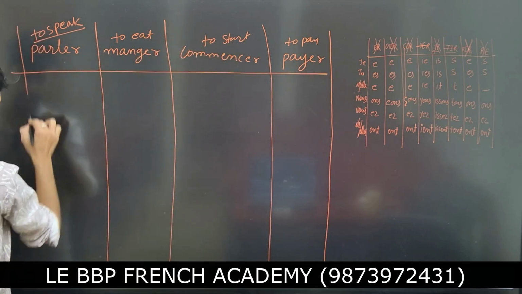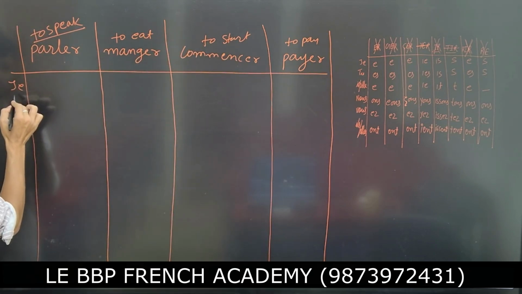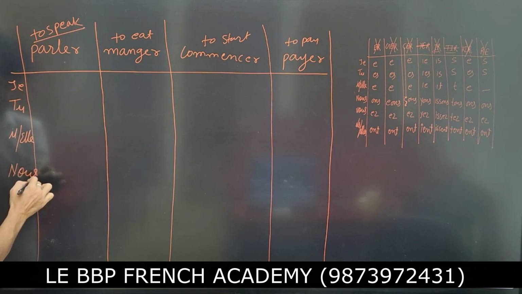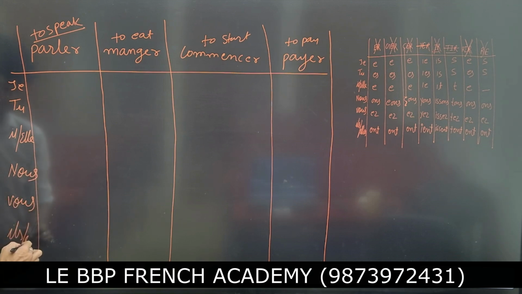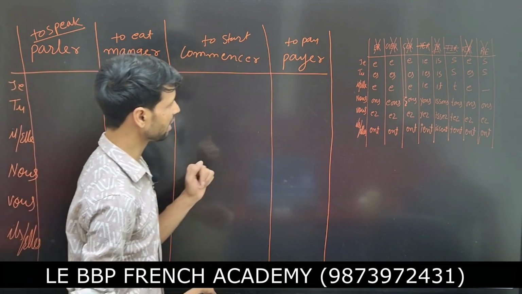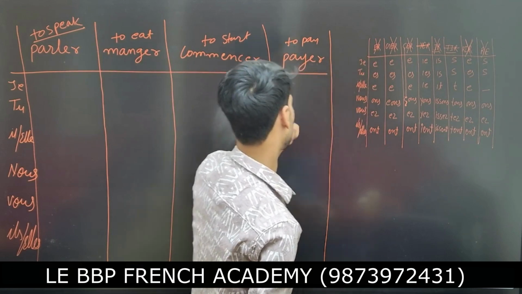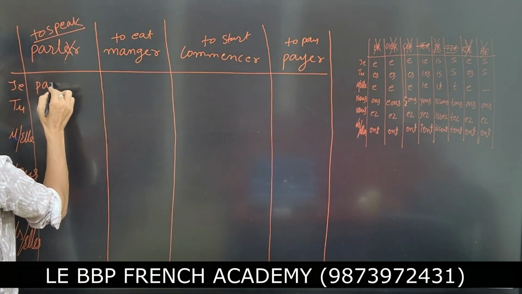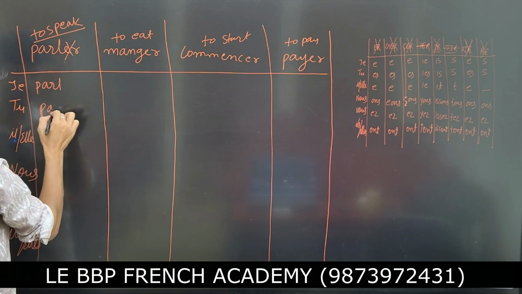First of all I write the subjects: je, tu, il, elle, nous, vous, and elles. These are the subjects, and then how to make the er ending? It's simple: cut the er, then we write parl to all.